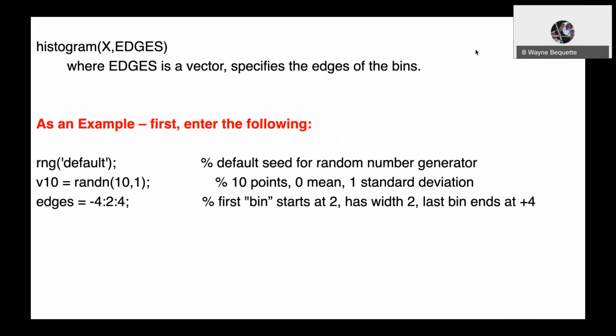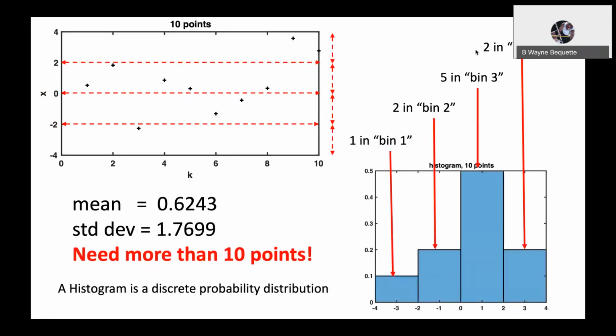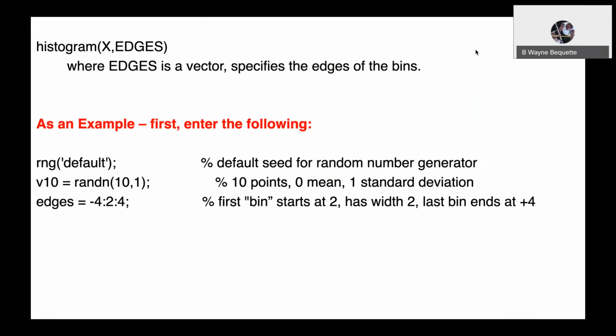Now, to create the histogram that I showed on the lower right-hand side, we can use the MATLAB function histogram. x is the vector of numbers, and edges is a vector that specifies the edges of each of those bins. So, for example, below, edges is defined as this vector starting at -4, and we're counting in widths of 2 all the way up to 4.